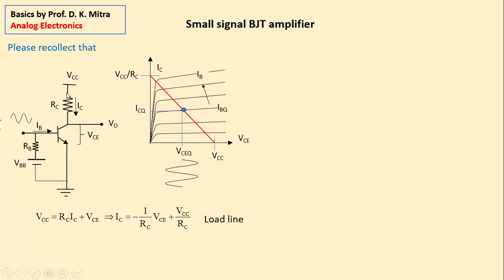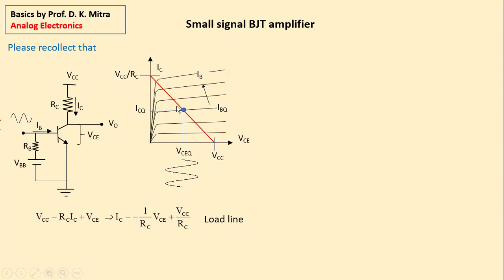This biasing circuit that we learned, and RB VBB was the Thevenin equivalent of your potential divider, where RB was equal to parallel of R1 and R2, and VBB is the potential created by the potential divider here. And this was the IC VCE axis in DC. We are still talking about DC.